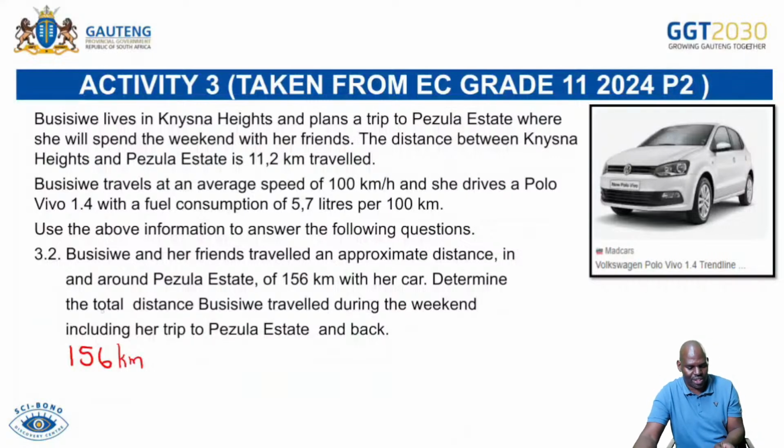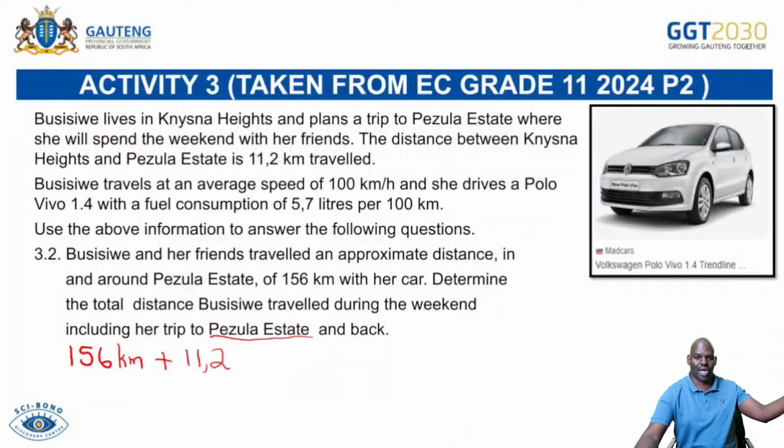But in this case, they say determine the total distance Busisiwe traveled during the weekend, including her trip to Pezula Estate and back. Going to Pezula Estate was 11,2 kilometers, single trip, and then plus another 11,2 kilometers for the return.